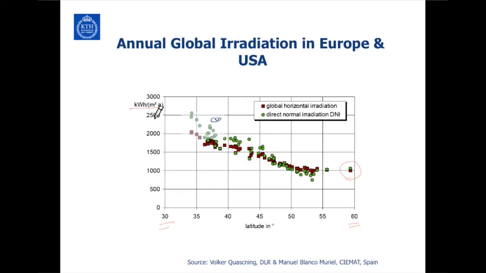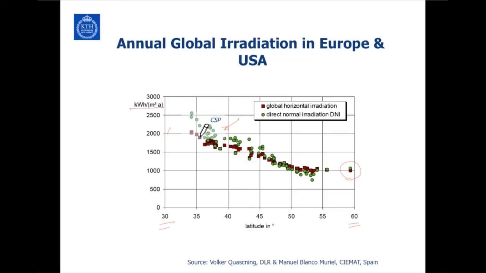As we go to the southern latitudes, the insolation goes up, and I put a shaded area here where the insolation is greater than about 2000 kilowatt hours per meter square per annum, which is conducive to using concentrated solar power, which you have studied previously.